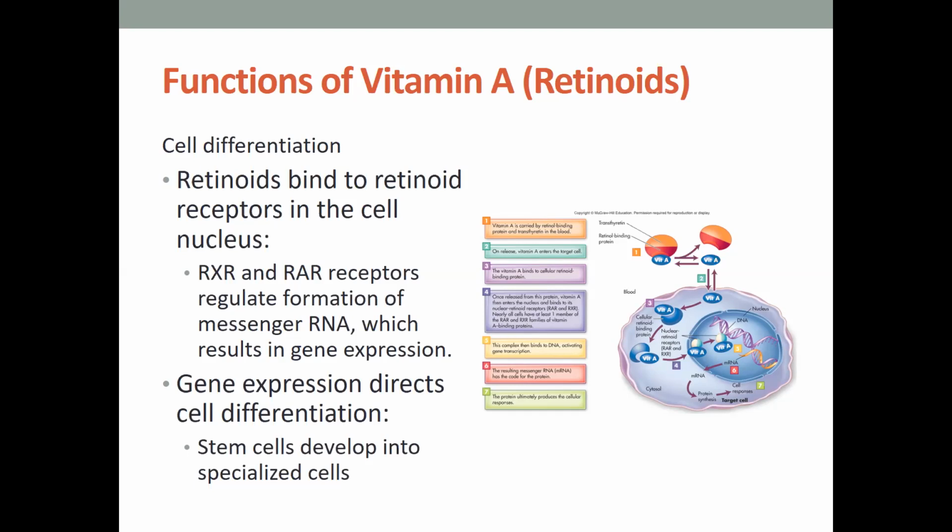What's it going to turn into? Stem cells, which you may have heard of, we're thinking about using for treating diseases and things like that. They will eventually develop into a very specialized cell that has important function in the body. So this is kind of a long way of saying that you really need good vitamin A status. We're talking about a vitamin that interacts with DNA and really helps drive gene expression and cell differentiation.